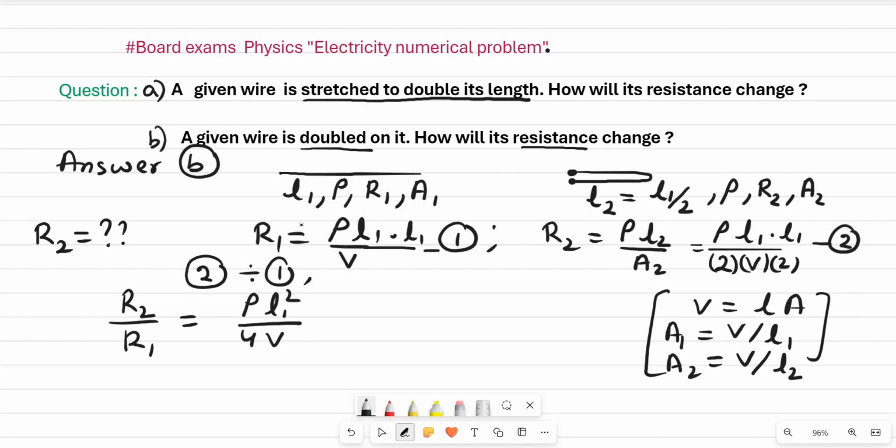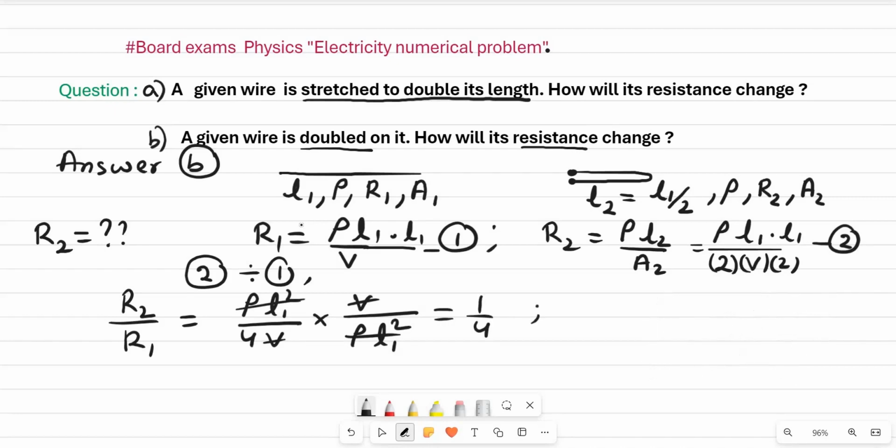It's only V. To this we multiply the reciprocal of the R1 expression, that is V by rho L1 square. Now what cancels? Volume cancels, rho L1 square cancels, and we are left with 1 by 4. So finally we conclude that R2 by R1 is 1 by 4, or R2 is 1/4 of R1.